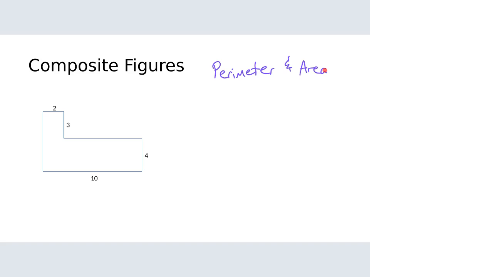How much carpet would I have to buy for this weird L-shaped room? How much space is taken up by this L shape? I'm not expecting you to tell me what the area is. I just want you to tell me what I'm going to need to do.